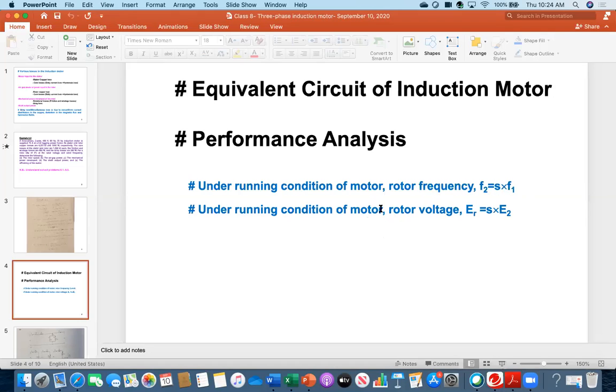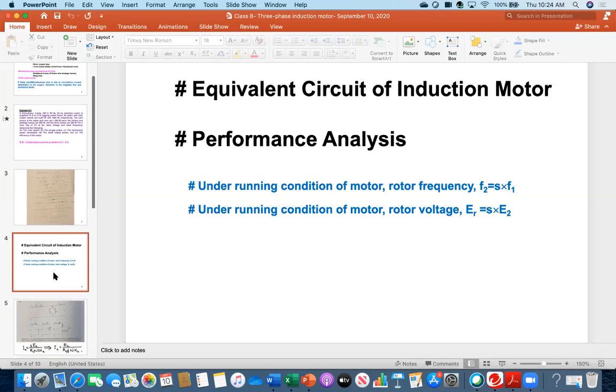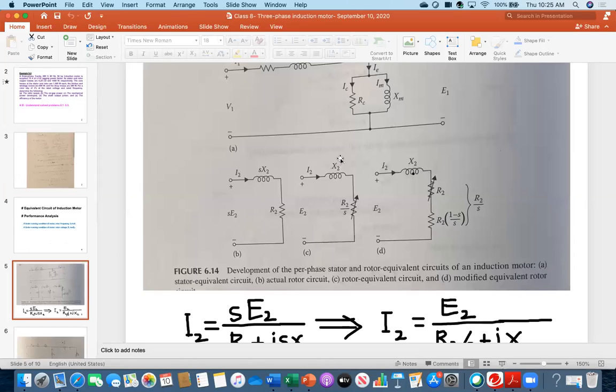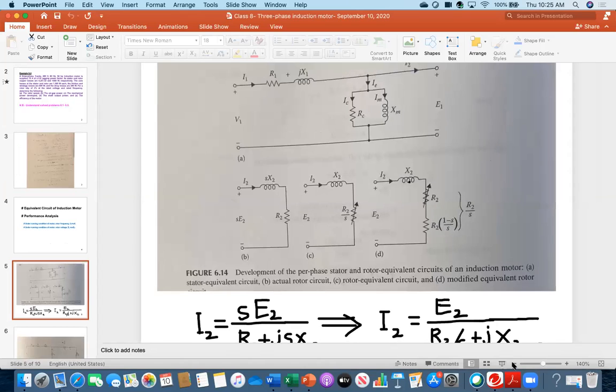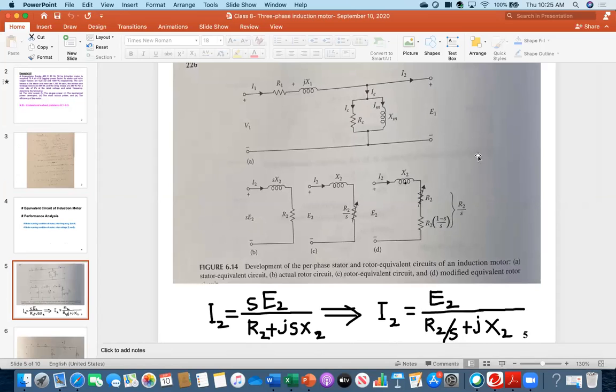Based on those two concepts, let's move forward. This is figure 6.14 from the book that we are following. You see the development of the per-phase stator and rotor equivalent circuit of the induction motor. Figure A, the top figure, is for the stator equivalent.